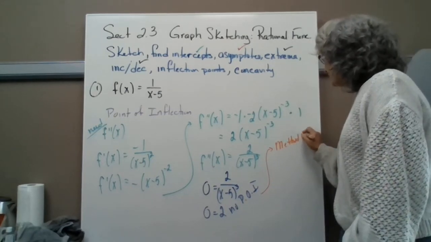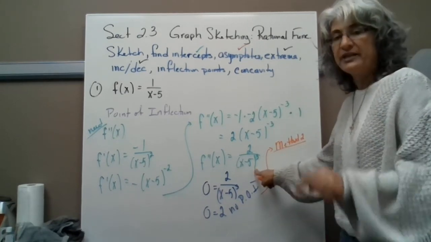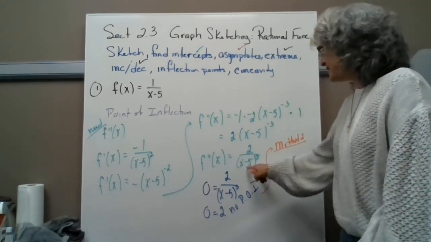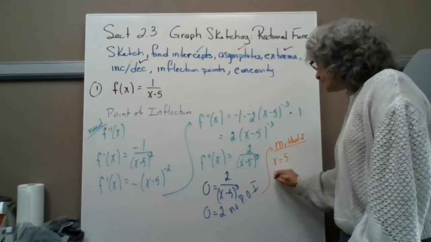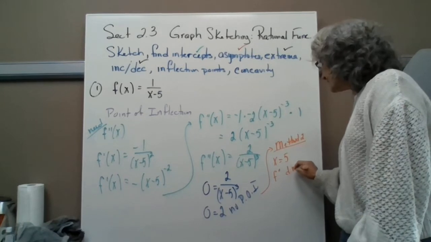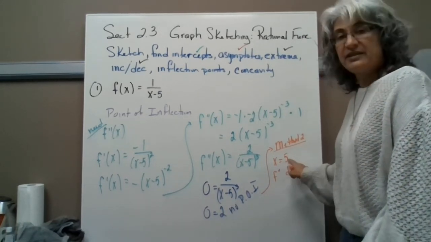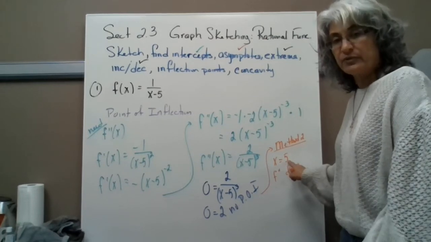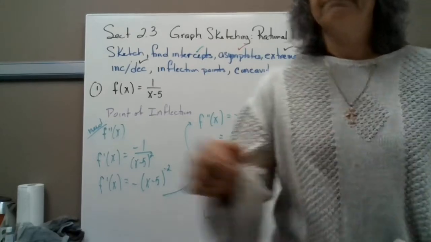I am going to find what makes the second derivative not exist. In this case, x equaling 5 makes derivative number 2 not exist. So this is the x value that I am going to look at. So far, so good? Okay.